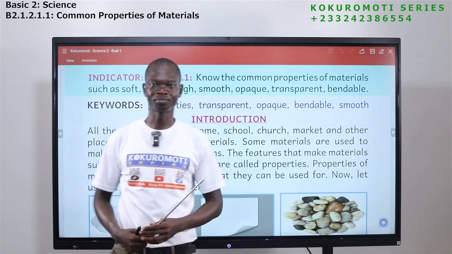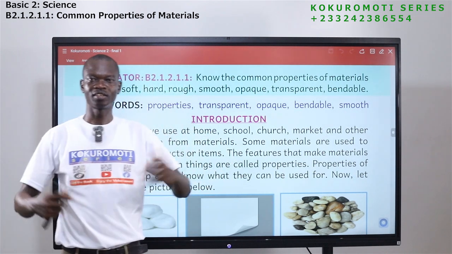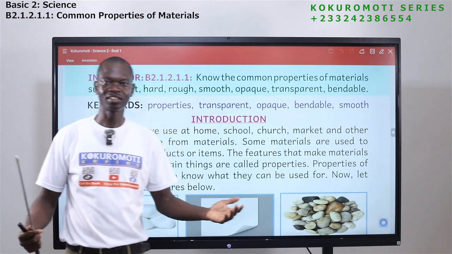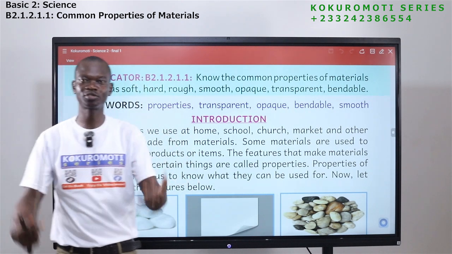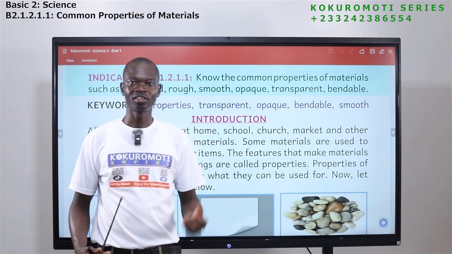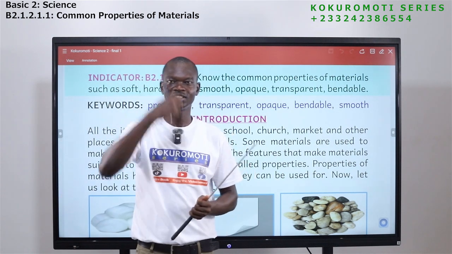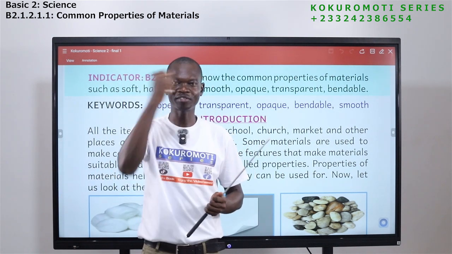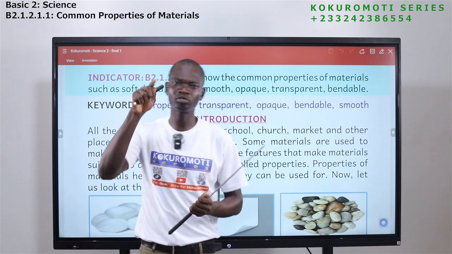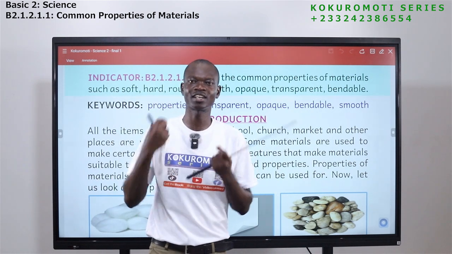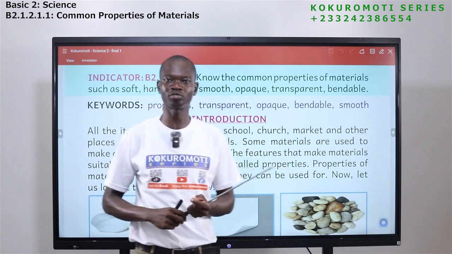For example, glass. We have spectacles, where we see through, we have glass there. But we are able to see through. It means glass is a transparent material because we can see through.